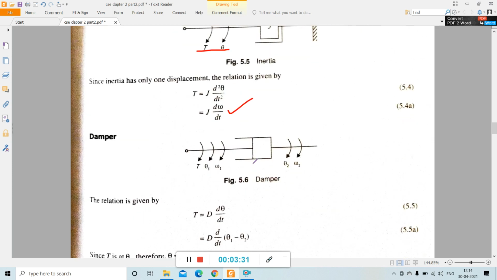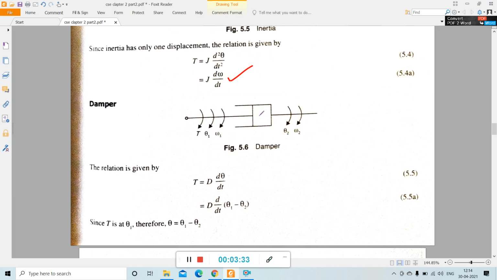Similarly for the damper, see, this is a damper. On this side the angular velocity and displacement are omega 1, theta 1. On this side the angular velocity and displacement are omega 2, theta 2 respectively. Torque T is given here. So the relation is T equals D times the derivative of theta 1 minus theta 2.